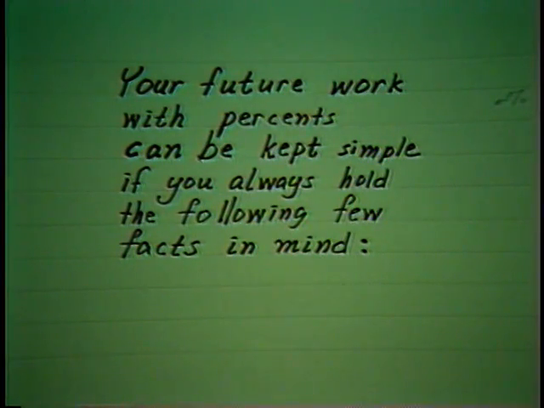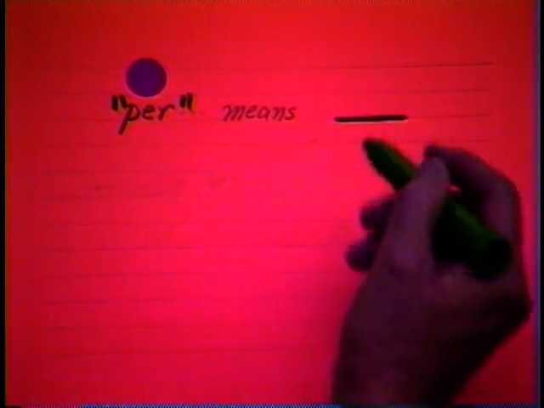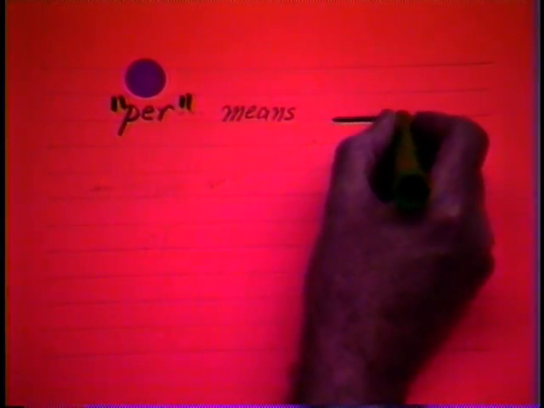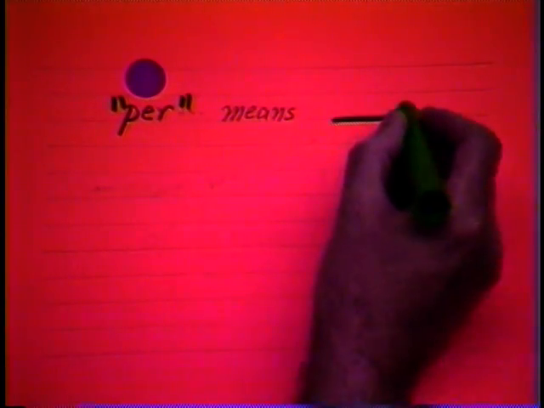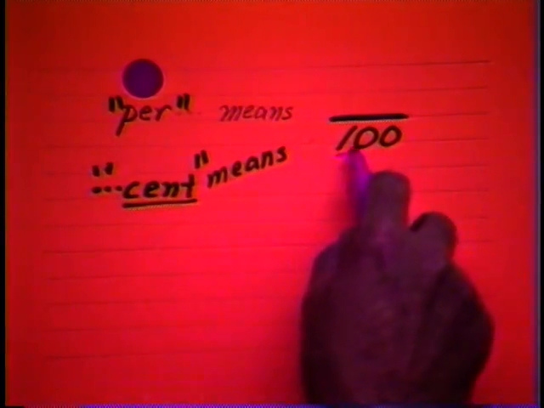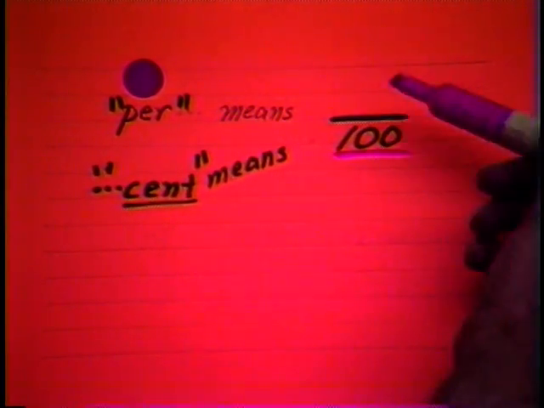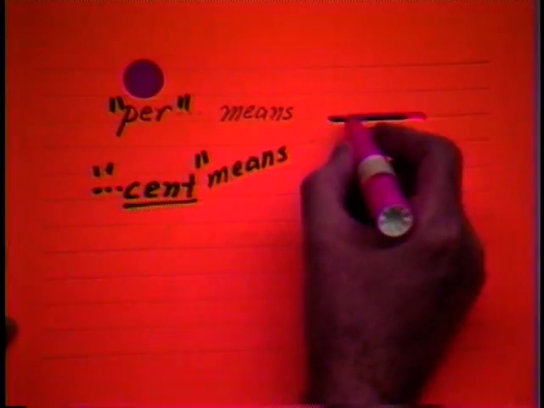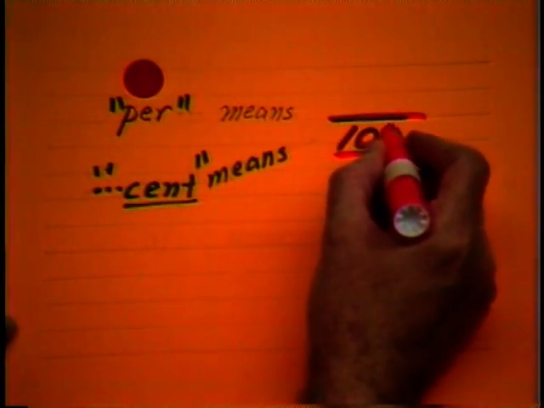Your future work with percents can be kept simple if you always hold the following few facts in mind. The word per means symbolically the same as our fraction bar. Cent means 100. So read this, per cent.